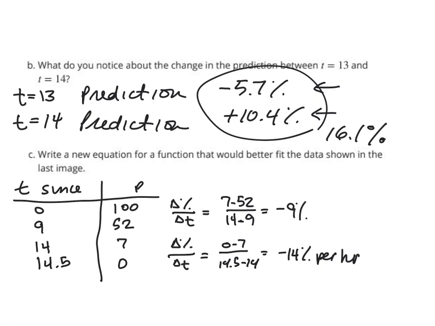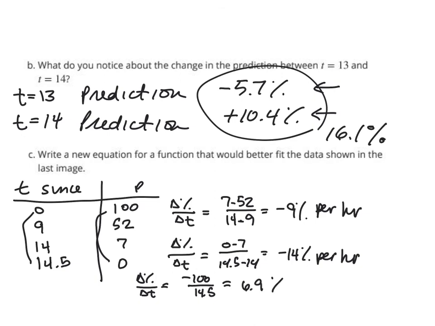Negative 9% per hour. But then we could also do from beginning to end, from here to here and there to there. So change in percent over change in time would be negative 100 over 14.5. And that's going to give me 6.9% per hour.